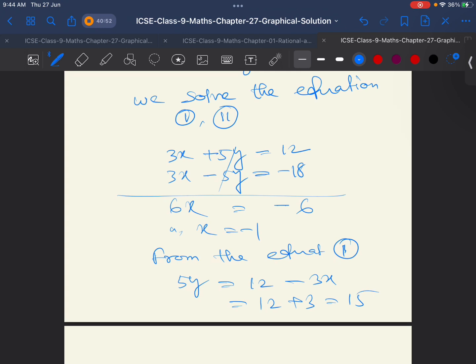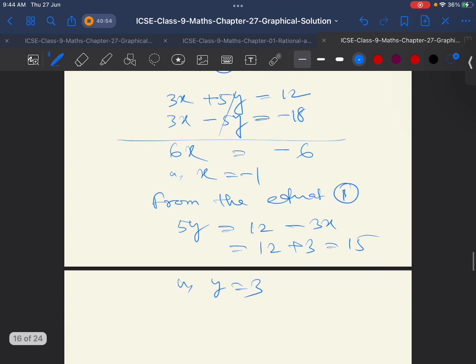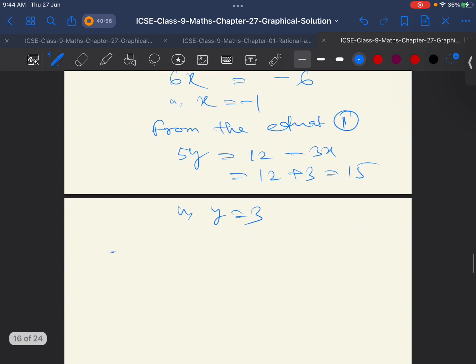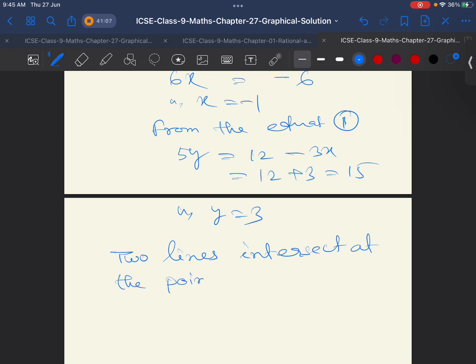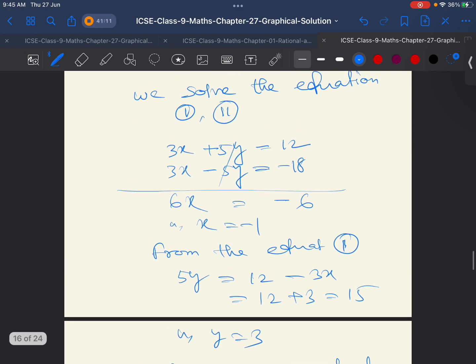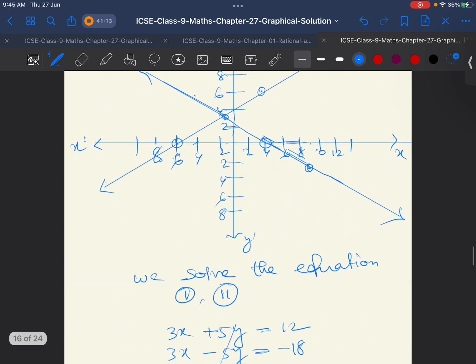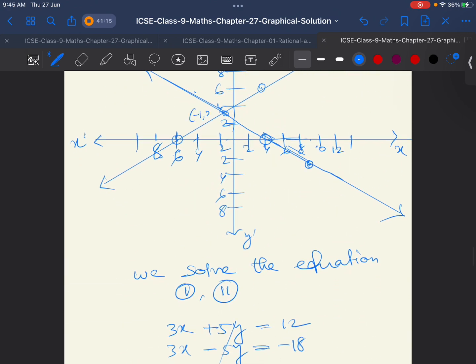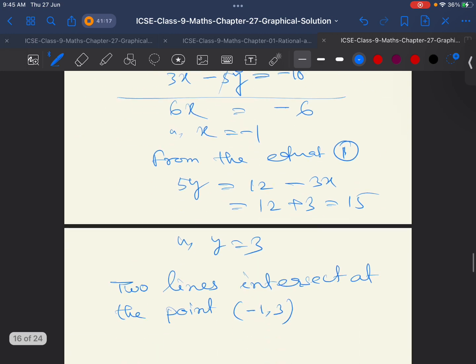So 12 + 3 = 15, or y = 3. So the two lines intersect at the point (-1, 3). This is the point (-1, 3).